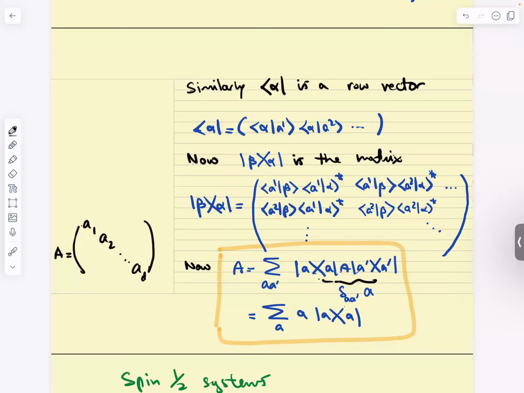To describe that measurement, you first have to construct the orthonormal eigenbasis that corresponds to that observable. In the case of SZ, it was ket 0, ket 1. We described the process of the measurement that through it could have D different outcomes in a D-dimensional Hilbert space, and it throws you to the corresponding eigenvector.